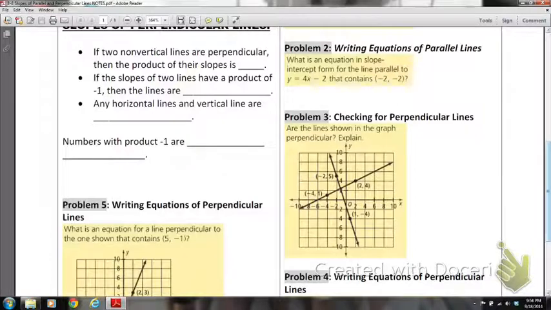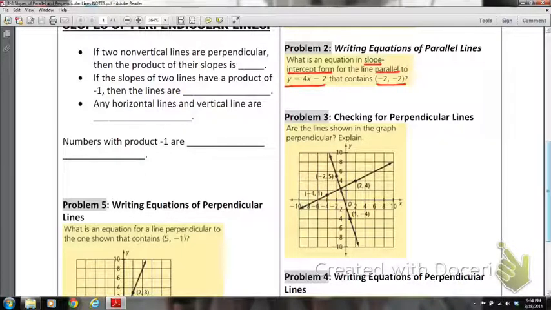In problem 2, we're writing equations of parallel lines, and it asks what is the equation in slope-intercept form for the line parallel to the line with the equation y equals 4x minus 2, and it contains the point (-2, -2). So to write the equation of a line, we need the slope of the line and a point on the line.